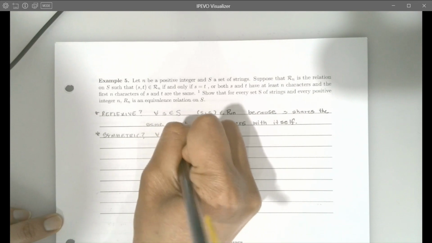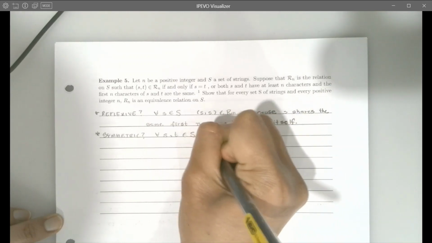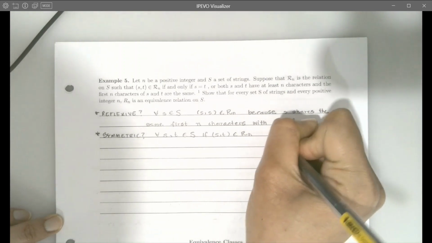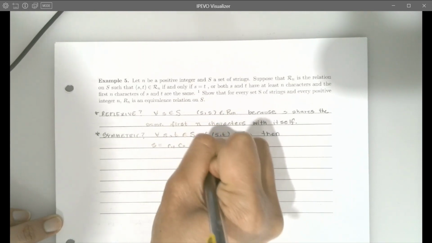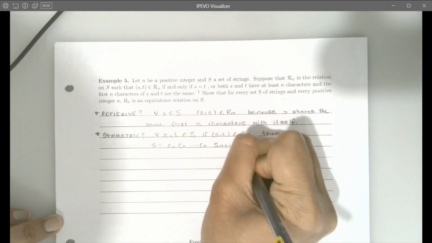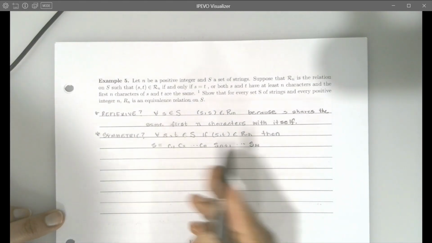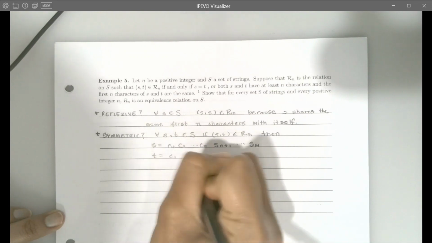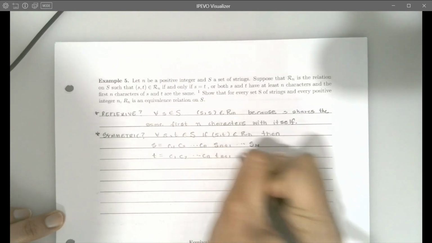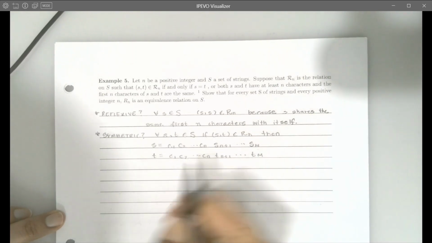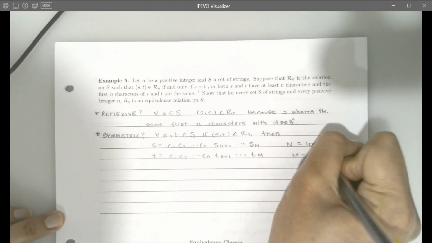So let's say for any strings S and T, S comma T being in Rn means that S has to have, let's call them character 1, character 2 down to character n, and maybe the rest, S n plus 1 down to S capital N, where capital N is the length of string S, and T will have the same first n characters, so C1, C2 down to Cn, and then T n plus 1 down to T m, where again m is the length of string T.